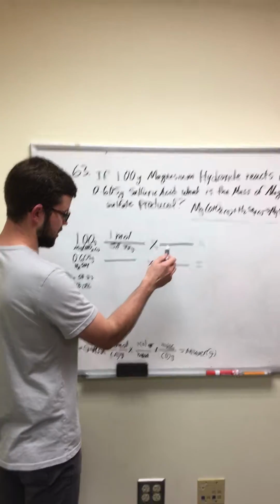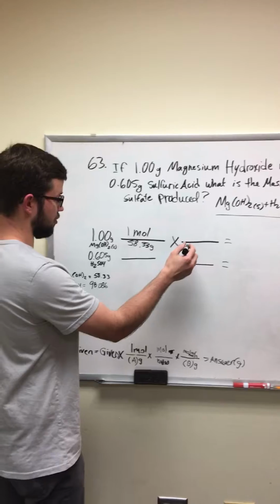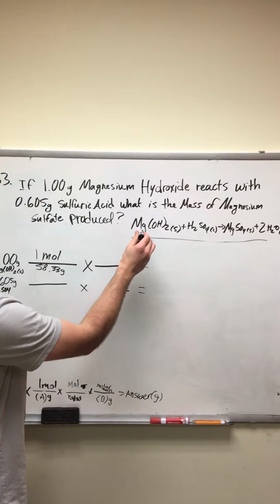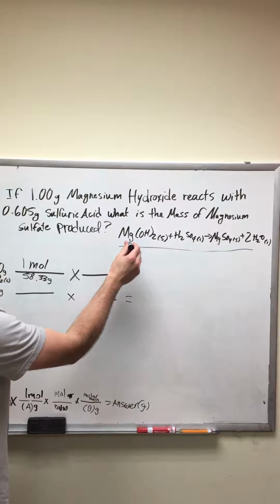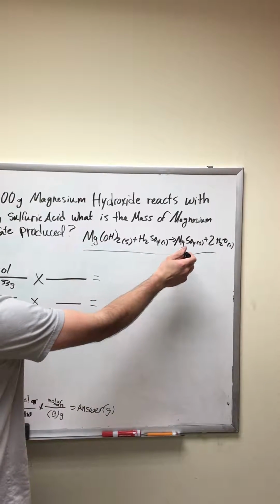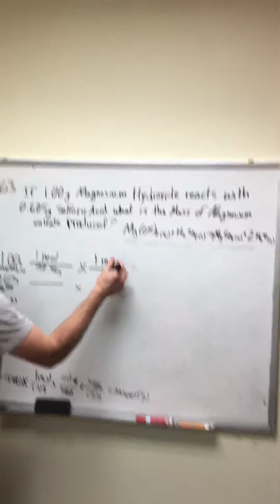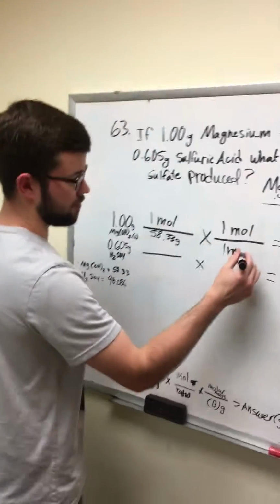And then we're going to want to take that to the molar ratio, which we see is 1 of magnesium hydroxide to 1 of magnesium sulfate. So it is a 1-to-1 ratio.